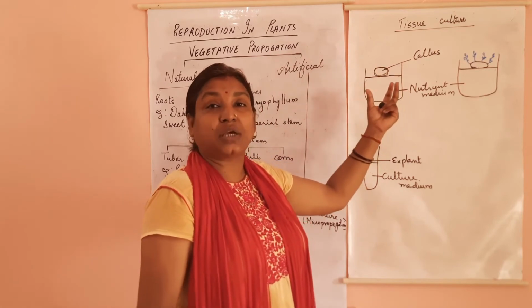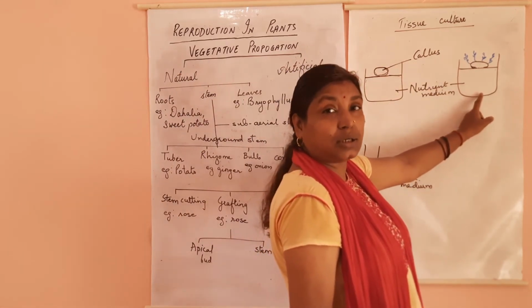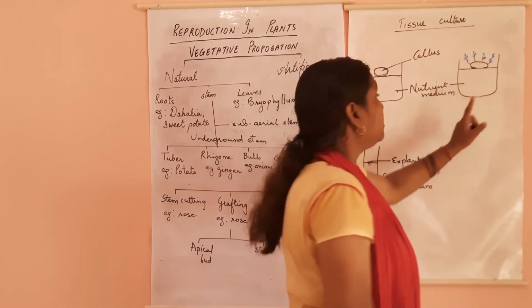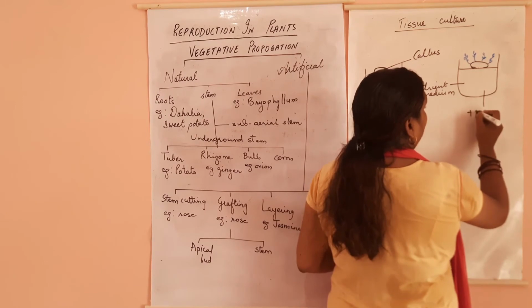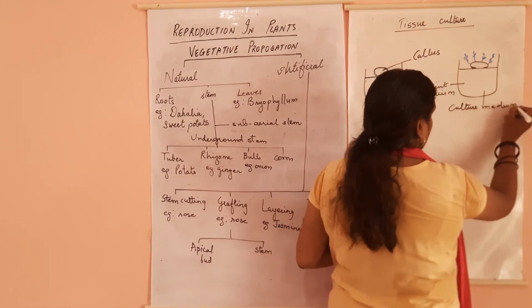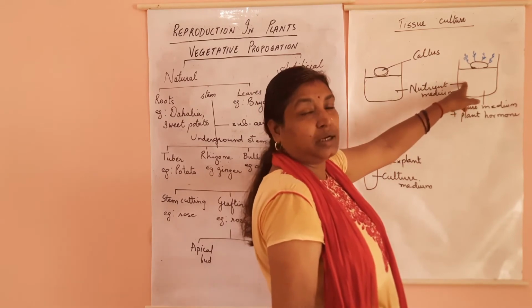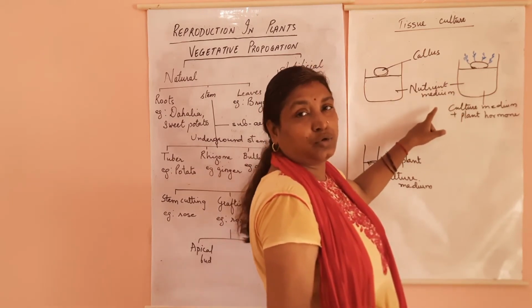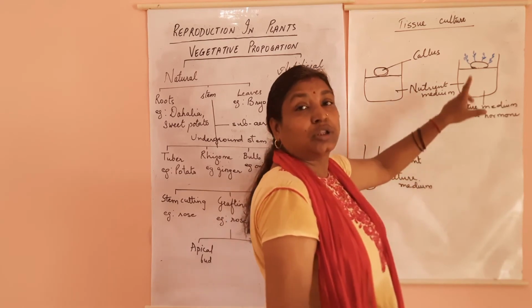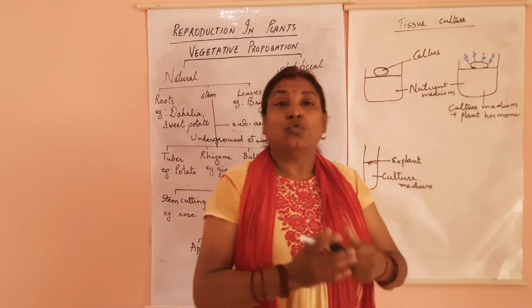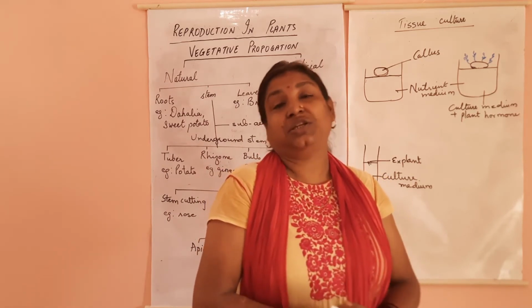Once this mass of cell is formed, it is transferred into another culture medium that contains plant hormones also. So this is a nutrient medium containing the culture medium and plant hormone. These plant hormones will act on the cells and lead to differentiation.